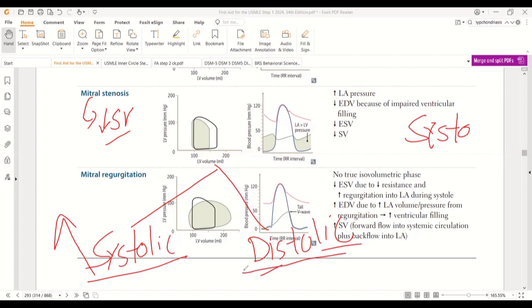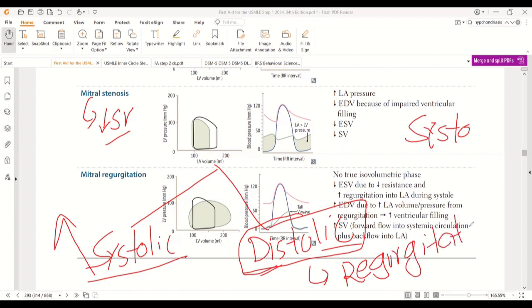And if it is a diastolic murmur, it means the murmur is due to a regurgitant lesion of the semilunar valve, right? Yes.